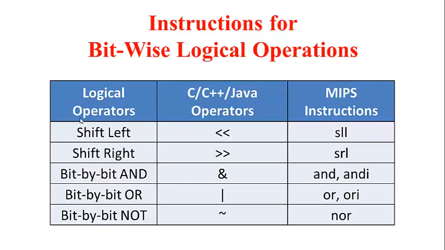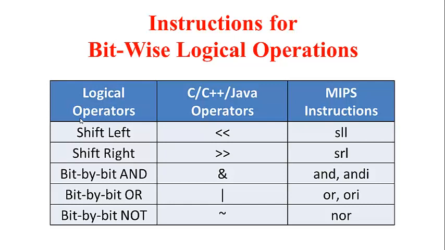Let's now look at a few more instructions. These are the set of logical operations, bitwise logical operations, which are possible in MIPS. First, we have the shift left logical, SLL, which corresponds to the C or C++ or Java left shift operation. There is a corresponding SRL for shift right logical.